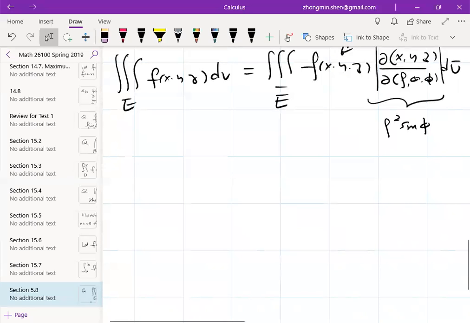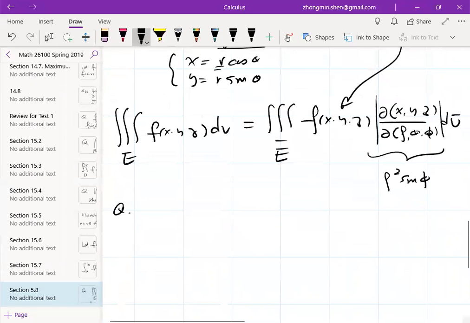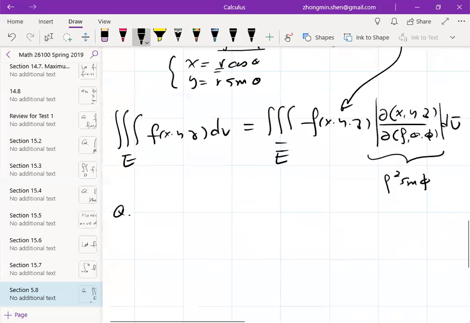Let's do some exercises first to understand the map. This is a coordinate map. The first problem I'm going to do is changing from rectangular to spherical coordinates.